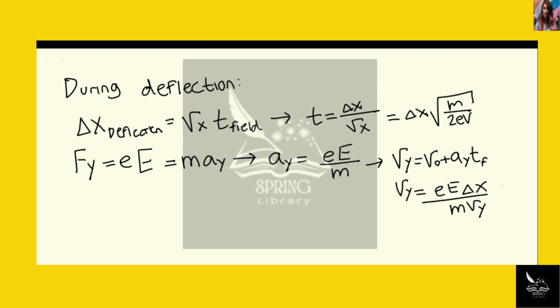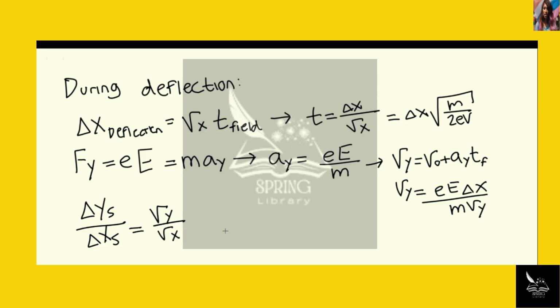So the next step is somewhat counterintuitive. We have to do a bit of geometry. We can say that the ratio of delta y for the screen and delta x for the screen is identical to the ratio of y velocity and x velocity.